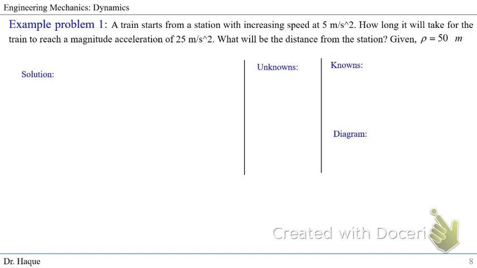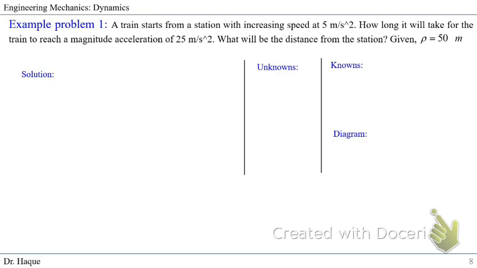So to gain 25 meters per second square acceleration, how far will it move by the time it reaches 25 meters per second square, and then given rho, which is the radius of curvature, 50 meters. So let's see what are the things given.